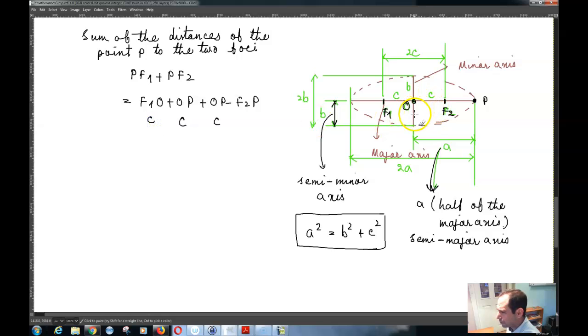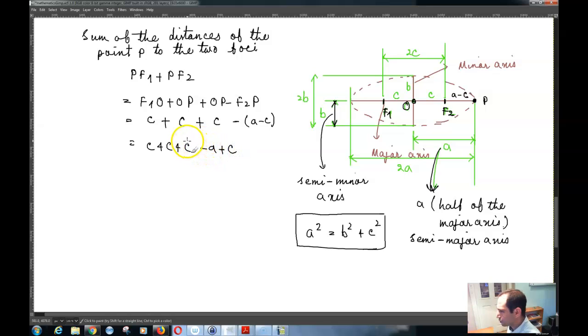Well, F2P is basically this whole distance minus this distance. I'm sorry, F2P is basically this distance over here, which is basically a minus c. So I can write here minus a minus c.